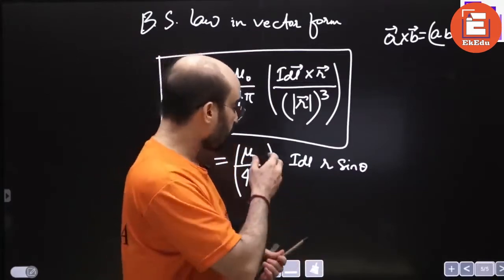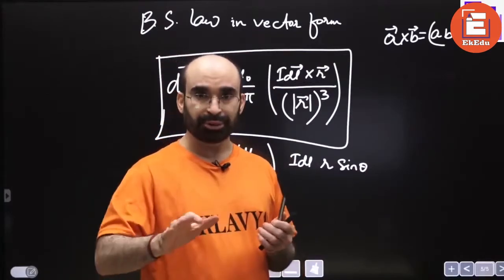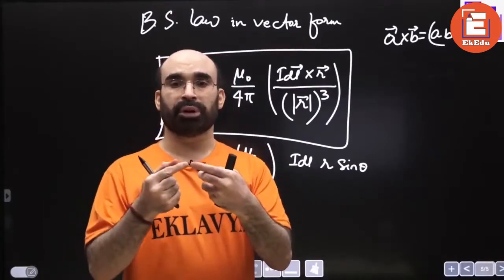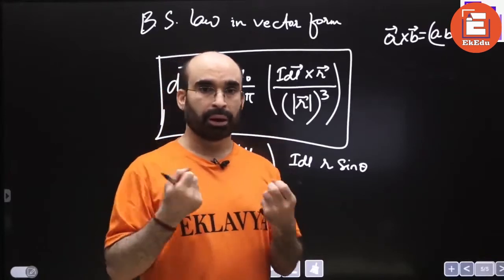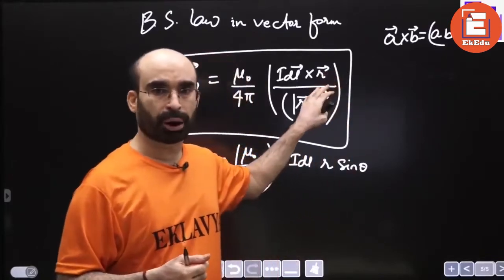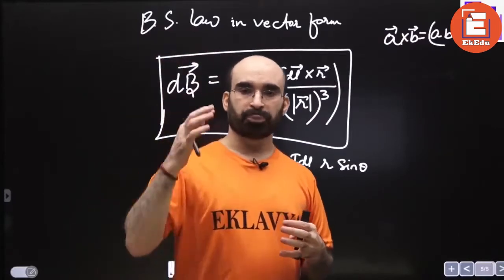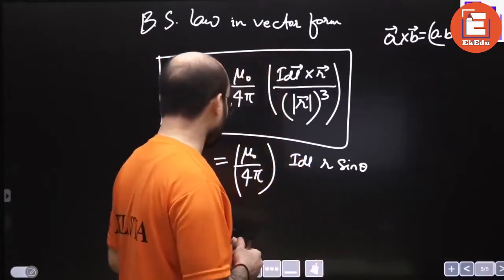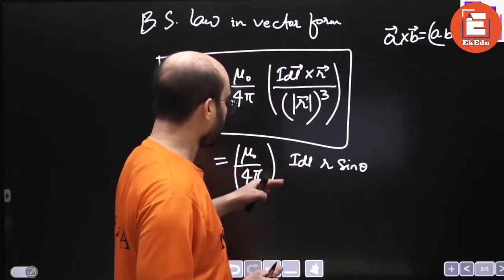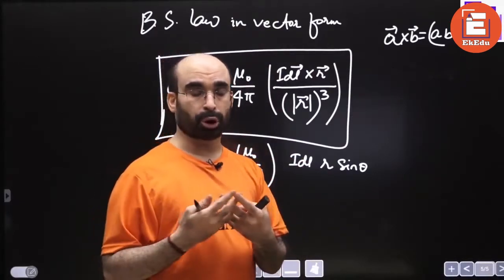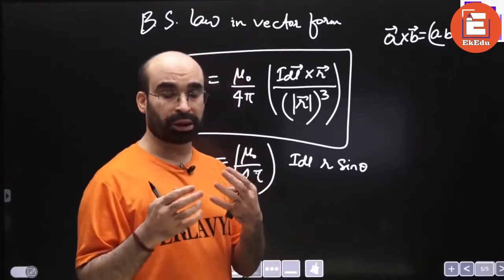Although I will talk about this briefly, I will not leave you as it is. But in detail, if you have to master the cross product, go back to the 11th chapter, when vectors are there, all vector algebra.